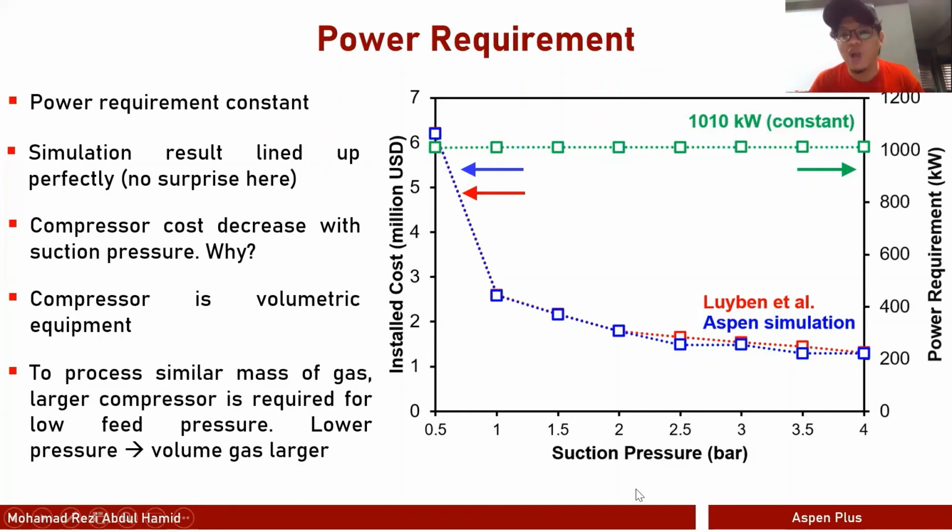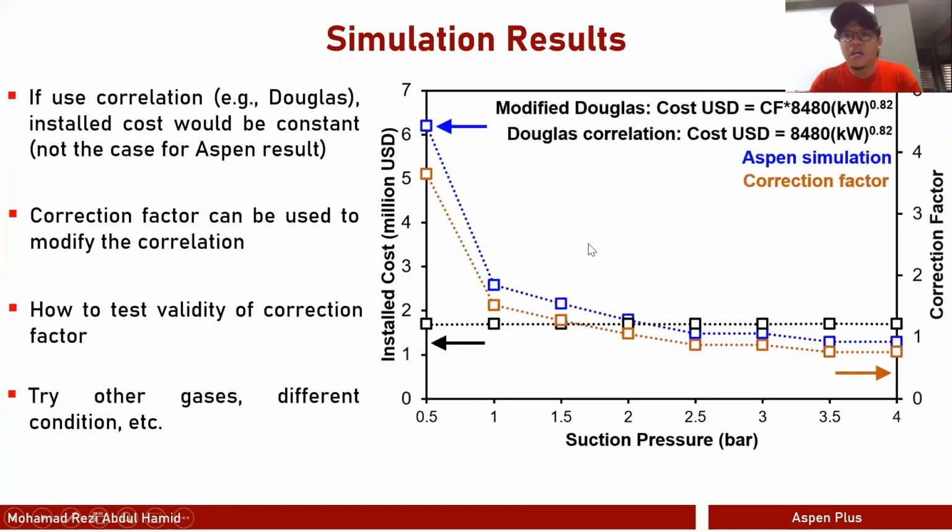That's the reason why the compressor cost decreases when you increase the suction pressure. And this is another example. As I said before, if I use the Douglas equation shown in this black curve here, it corresponds to the installed cost on the primary axis on your left, and it is constant. The reason why it is constant is because the power requirement is constant.